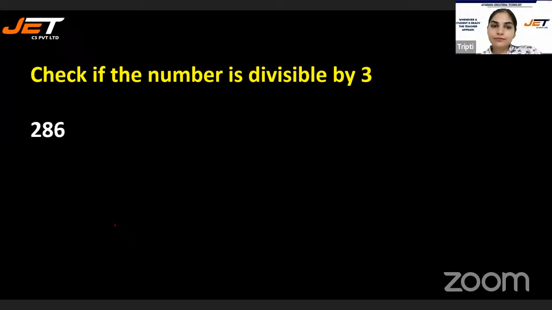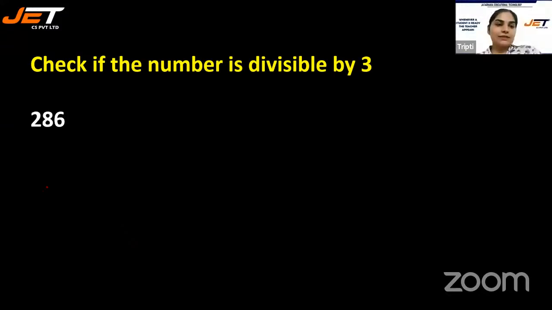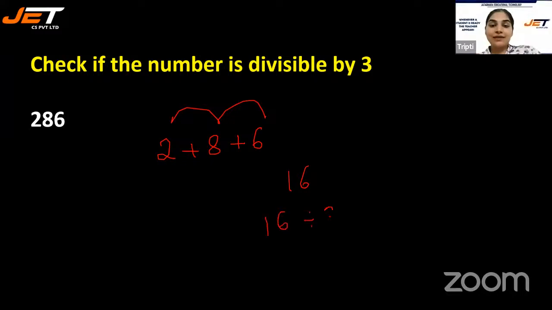Okay. Now, let's do the next one. 286. 2 plus 8 plus 6. 2 plus 8 is 10. 10 plus 6 is 16. Is 16 exactly divisible by 3? Do you see 16 in the table of 3?